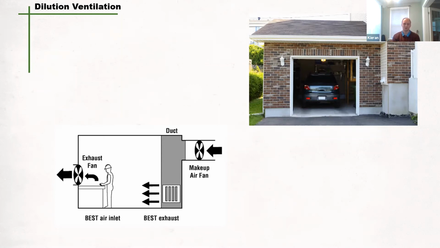If you have your garage door open, air is able to get in and remove that quicker than if the door was completely closed. A lot of times it can be a fatal mistake if you leave the garage door down when the car is running in there. So to combat this, we just open the door and let that breathable air in. That's just a perfect example of dilution ventilation at home.